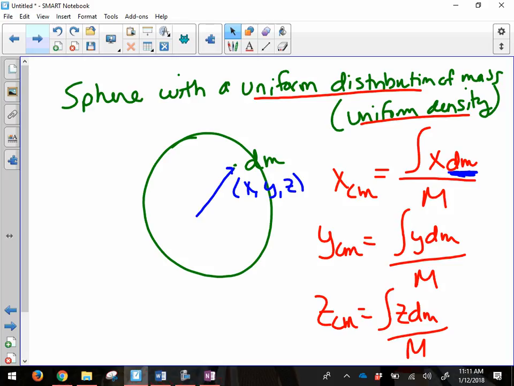No, because every particle on this sphere has a different x. Not entirely true, but you get my drift. So I have a variable here, and I'm integrating over another variable that isn't that one. That's like taking the integral of giraffe dx. The heck? You don't know how to do that.